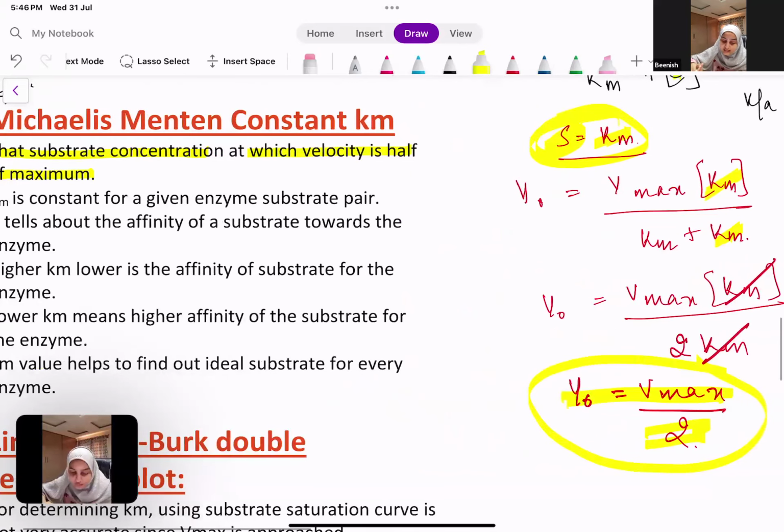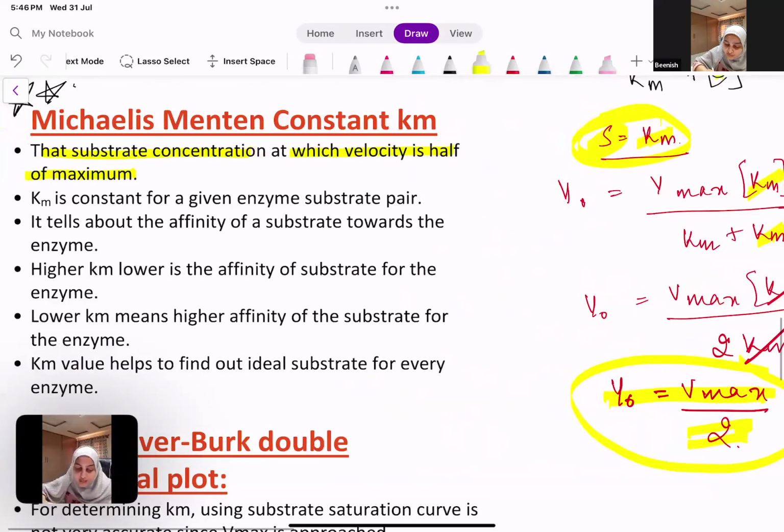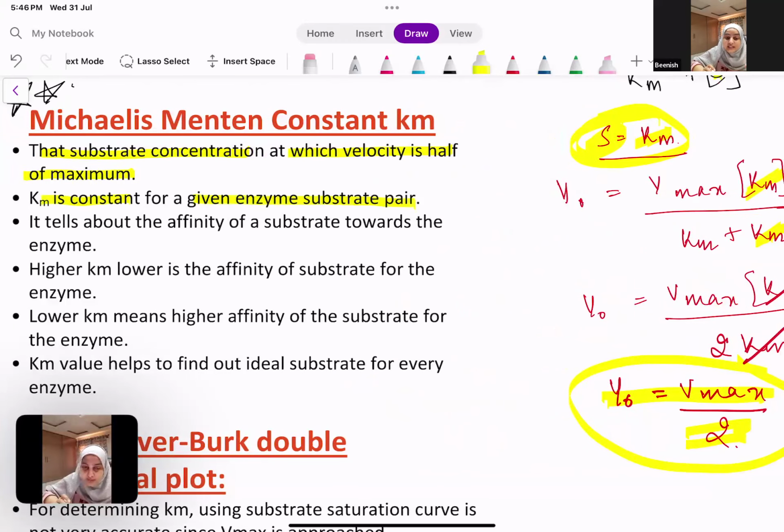Now this Km is a constant for a given enzyme-substrate pair. This is like a thumb impression or a signature of an enzyme. So your Km value is constant for a particular enzyme and it tells you about the affinity of a substrate towards the enzyme. That is, higher the Km, lower is the affinity of the substrate for the enzyme, and lower the Km means higher is the affinity. What is Km?